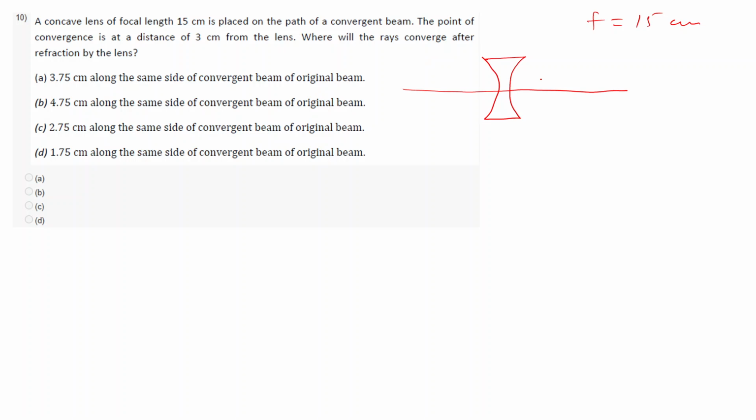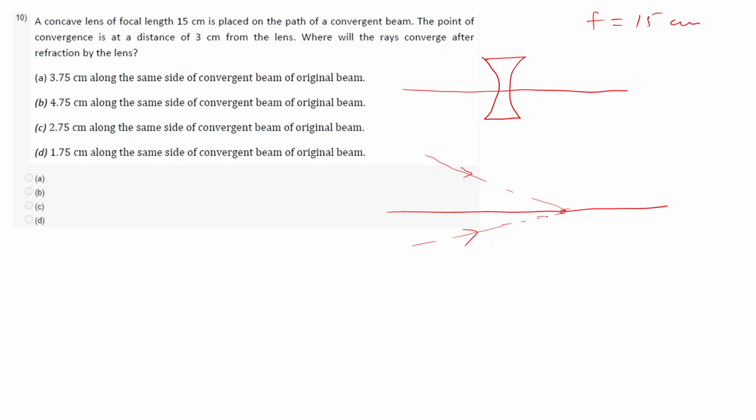Let's draw the principal axis. Some convergent beam is coming here. It will converge at some point.